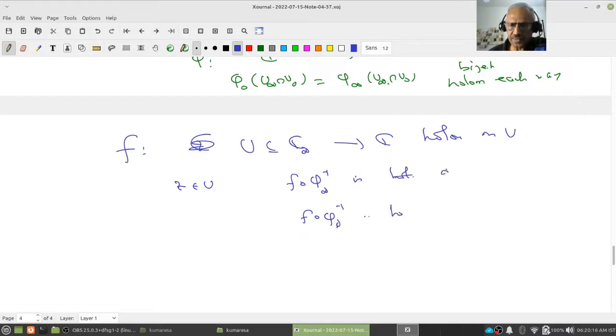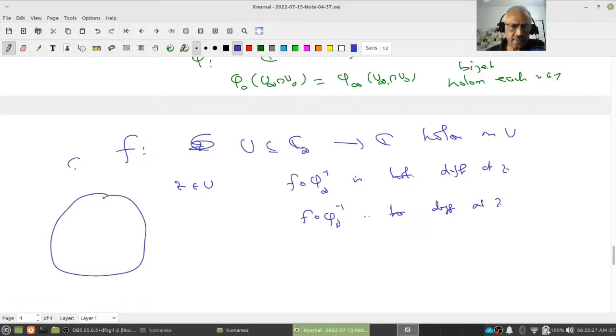If you want, simply differentiable at z. This is my C infinity, one point is removed, this is my 0, this is my infinity. You follow that?